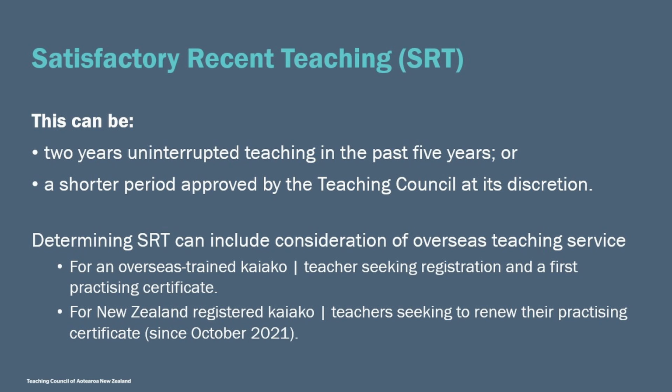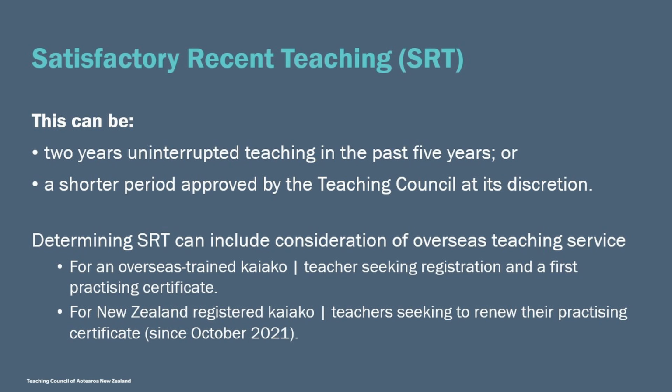When we're assessing satisfactory recent teaching to renew a practising certificate, the kaiako can also provide evidence of overseas teaching experience for consideration. We'll talk more about the criteria for this evidence in the next slide. Our discretionary powers are applied on a case-by-case basis within the parameters of what the legislation and policy permits.